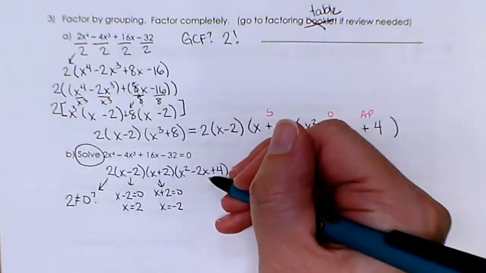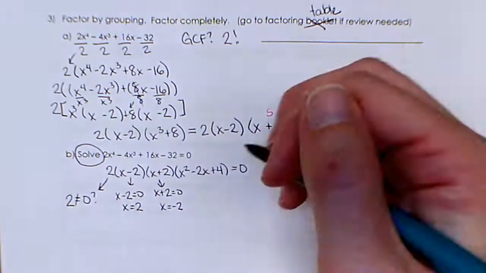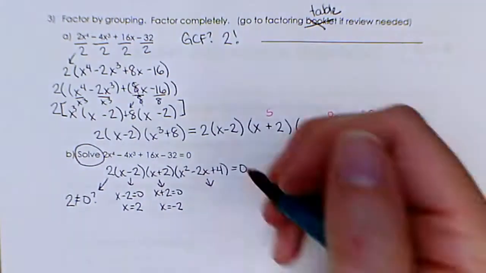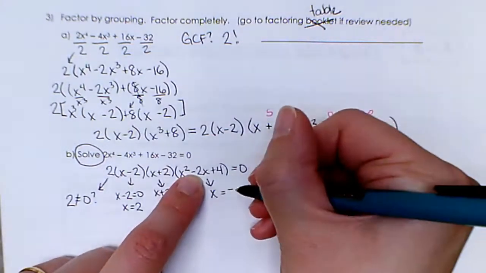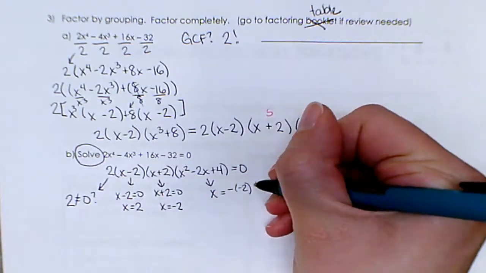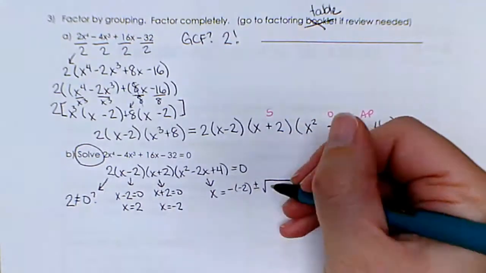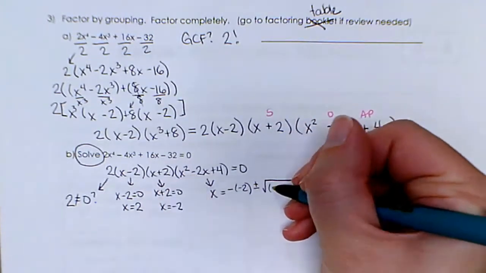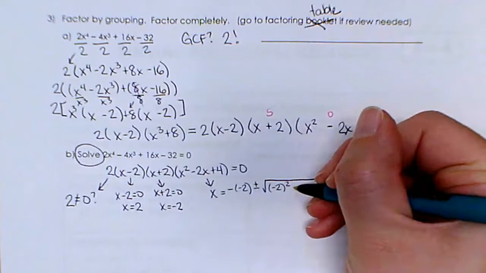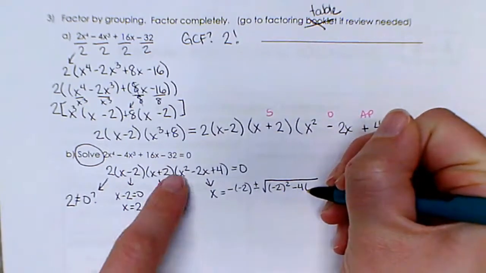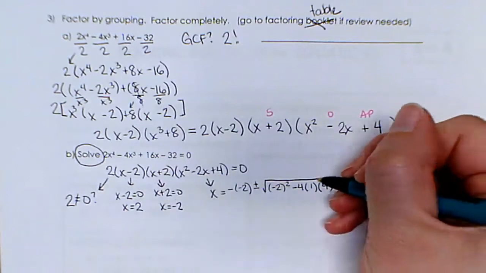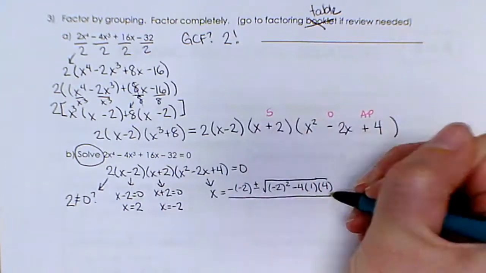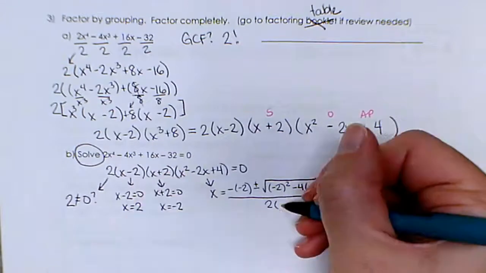And then here, this is a trinomial that we haven't factored, so let's go ahead and use the quadratic formula. x equals -b, which is -2, plus or minus the square root of b squared, so -2 squared, minus 4 times a, which is 1, times c, which is 4, all over 2 times a, which is 1.